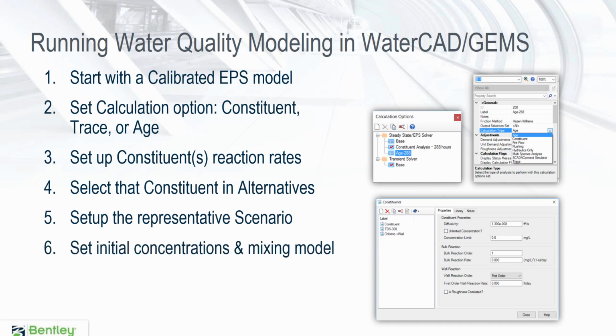Set any initial conditions, concentrations in the tank, your mixing model. Press compute, and then review the results. It may take some time to confirm some of these pieces, some of the constituent rates or the tank mixing model, but that's what's necessary to ensure that you have high confidence in your water quality model.